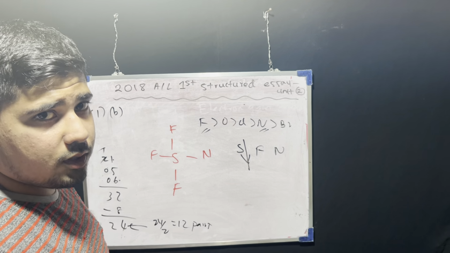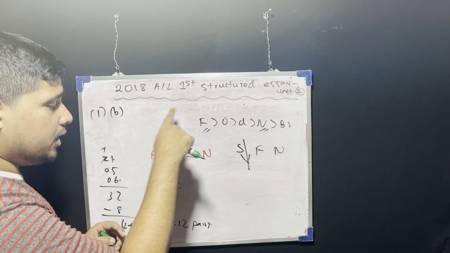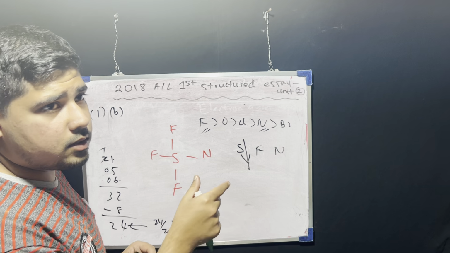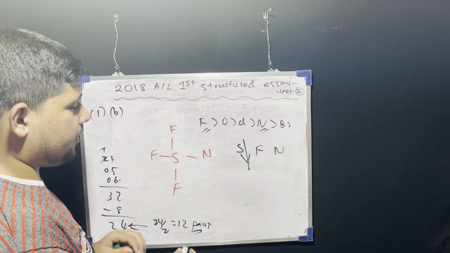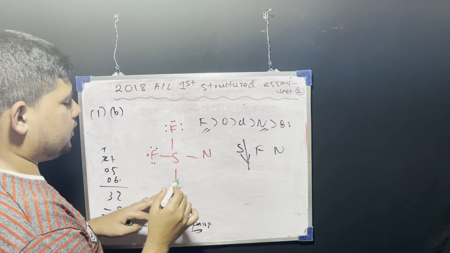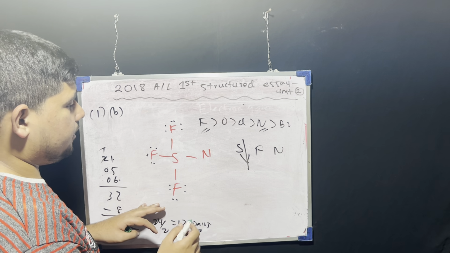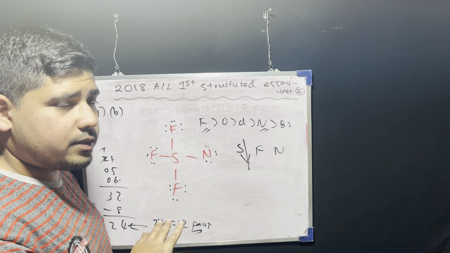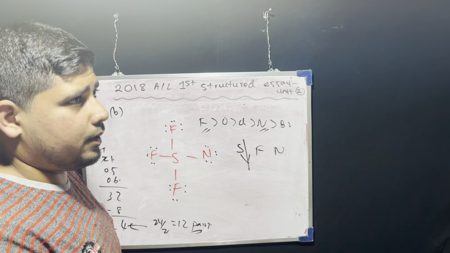Now let me distribute these 12 pairs to the terminal atoms first. Then if any other electrons are remaining, I will distribute them to the central atom. 12 pairs now: 1, 2, 3, 4, 5, 6, 7, 8, 9, 10, 11, 12. Now we have distributed all the 12 pairs to the terminal atoms.